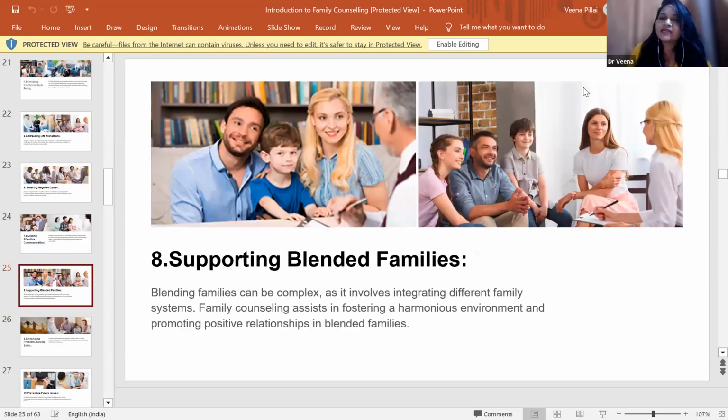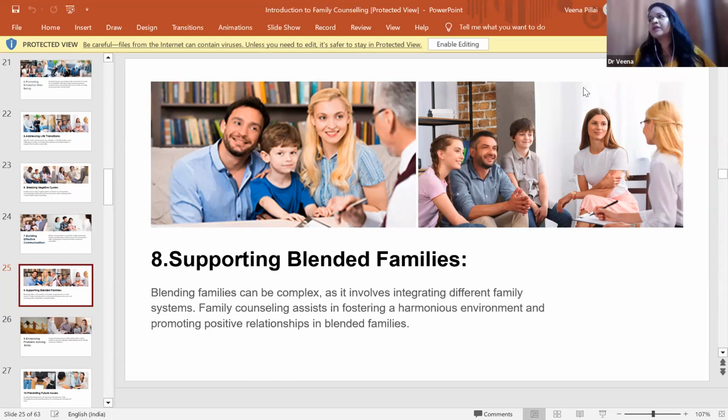So, supporting blended families: it involves integrating different family systems. Family counseling assists in fostering a harmonious environment and a positive relationship in blended families, because when we take a family, there could be subsystems of the family.